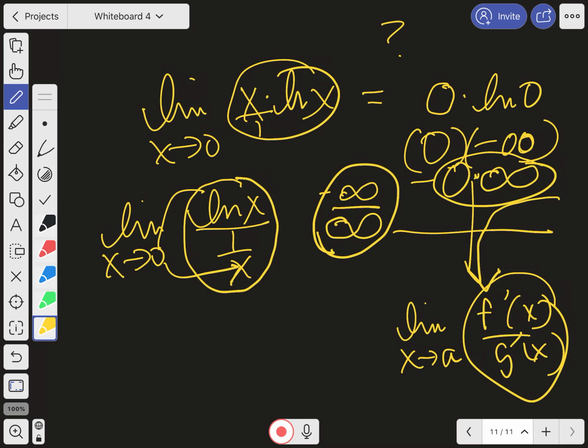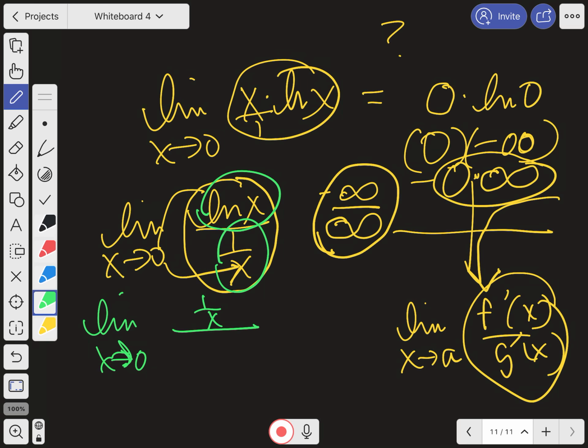So if you can get it to 0 over 0 or infinity over infinity, you can move on with L'Hopital's rule, because now I have a fraction. So now I can use L'Hopital's rule, taking the limit as x approaches 0. The derivative of ln x is 1 over x. The derivative of 1 over x is negative 1 times x to the negative 2.